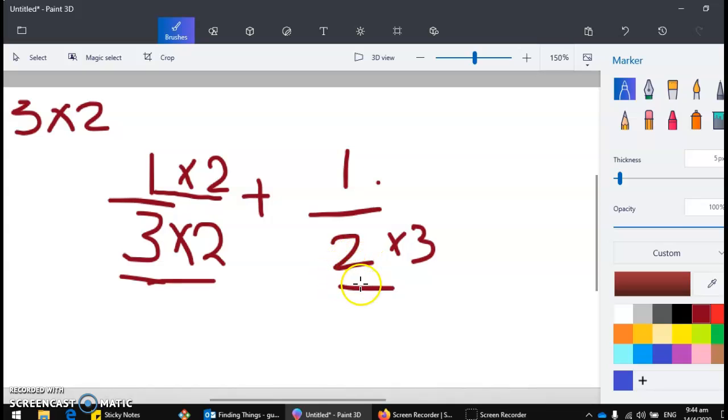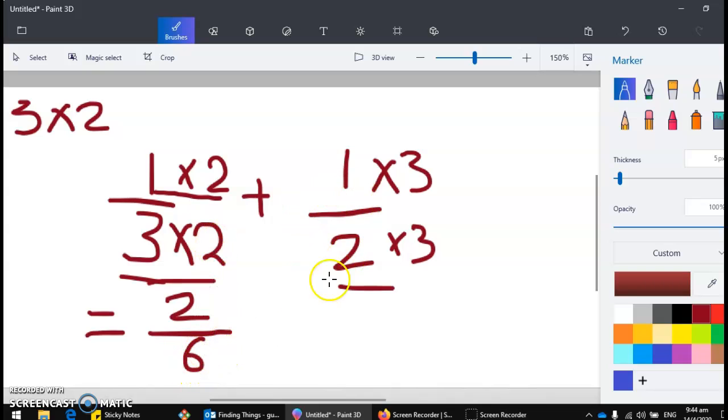Whatever you do to the denominator, you should do to the numerator, so times 3 at the numerator. And we have 1 times 2 is 2 over 3 times 2 is 6, plus 1 times 3 is 3, 2 times 3 is 6.